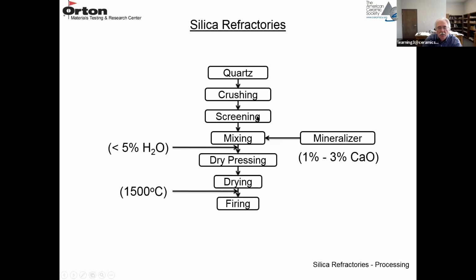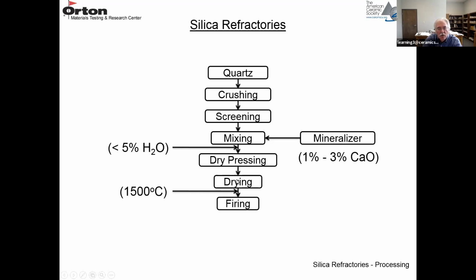So you use a particle packing theory approach to recombine the different sizes to give you maximum density. There's a mixing step. Here with a mineralizer, 1 to 3% CaO, for the formation of the high temperature forms of silica. It's a dry pressing operation, so the water content is less than 5%.